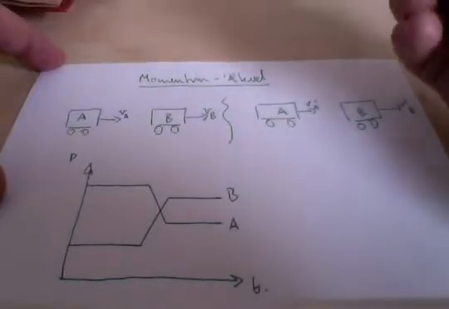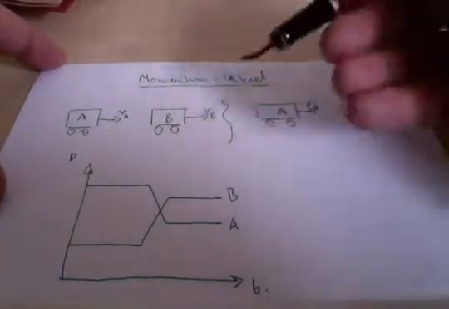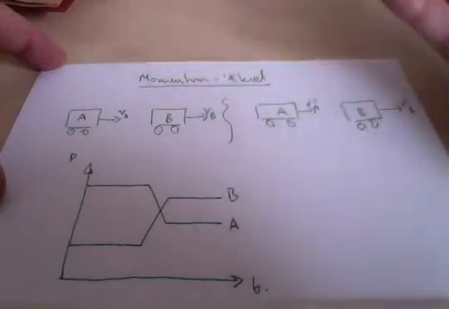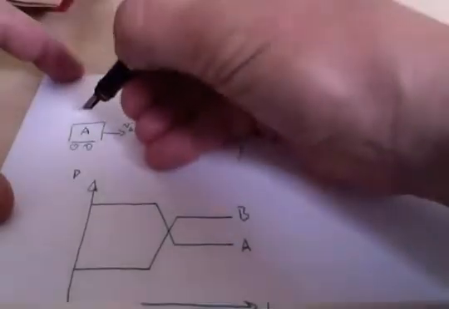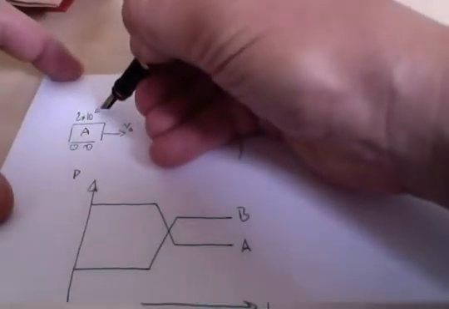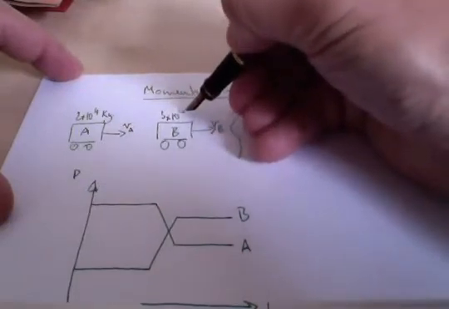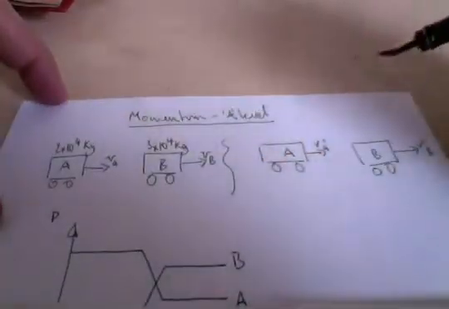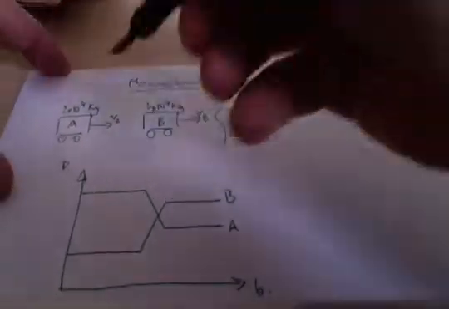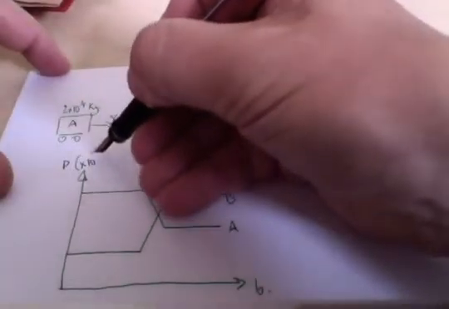So we need to put some values to this to work out what the change in momentum is likely to be and what the subsequent velocities are before and after. Let me put some values to the masses: 2 times 10 to the 4 kilograms and 3 times 10 to the 4 kilograms, the masses of A and B. The graph is also likely to give you some values.